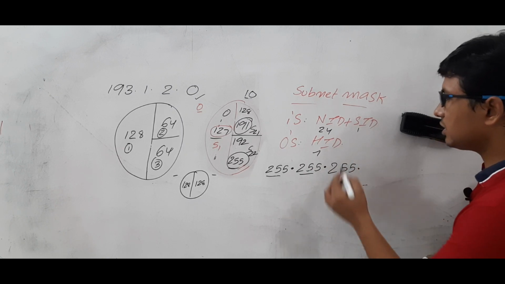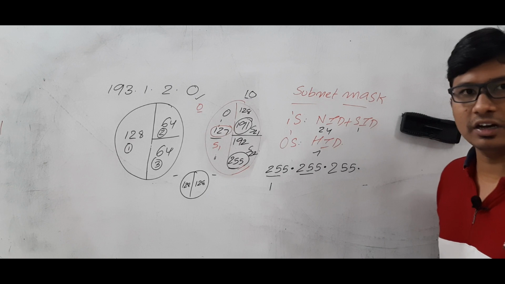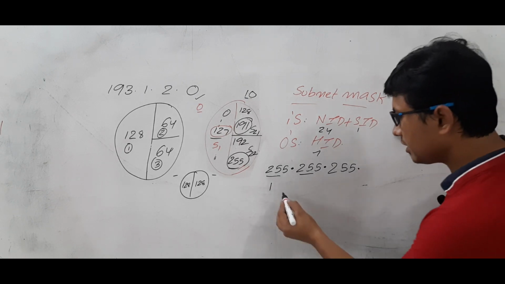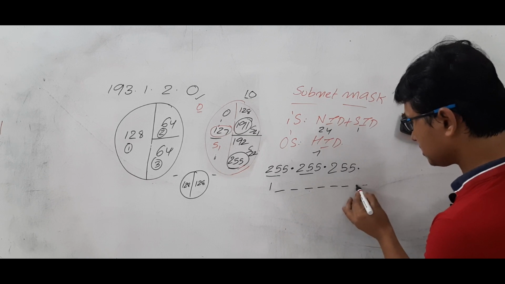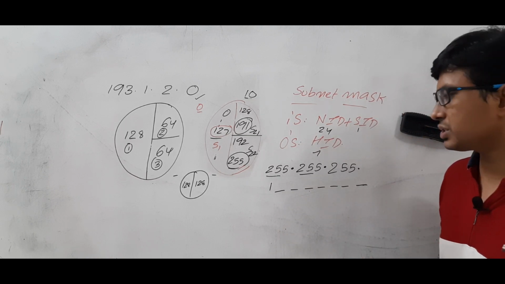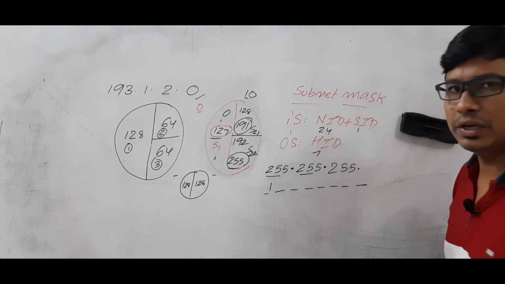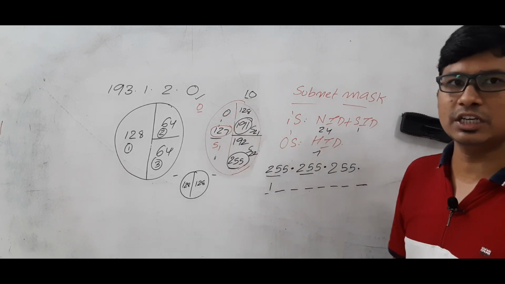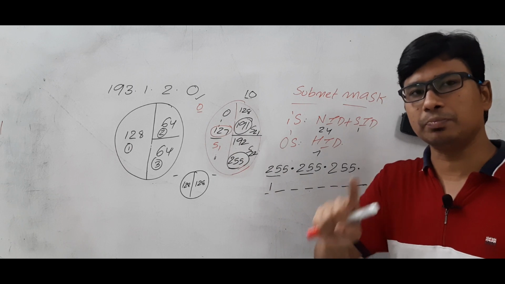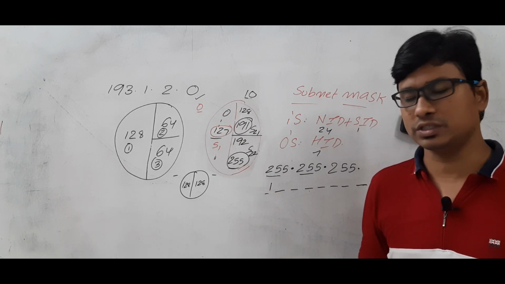Now the first bit is taken for the subnet ID and the remaining 7 bits are the host ID. Why am I taking the first bit? We have discussed that to have the IP addresses in sequence, you have to borrow that bit from the MSB of the host ID.